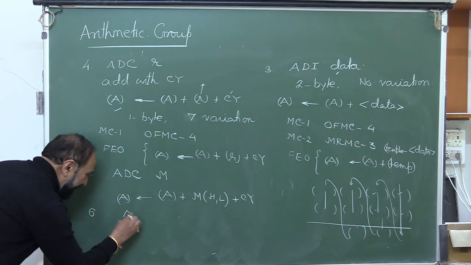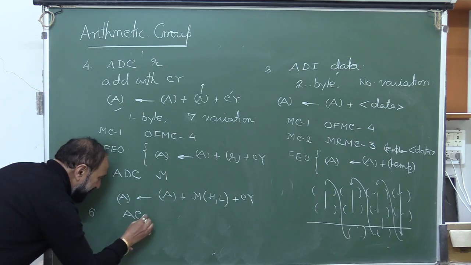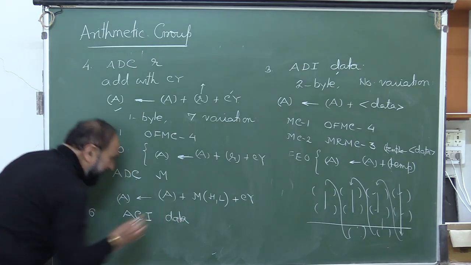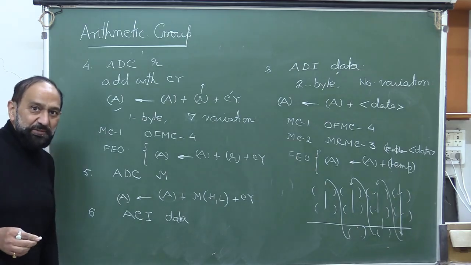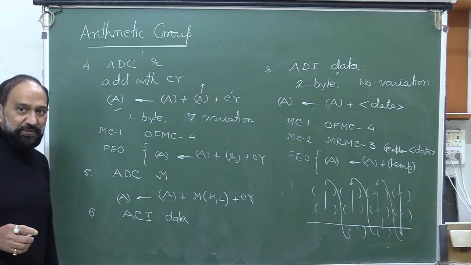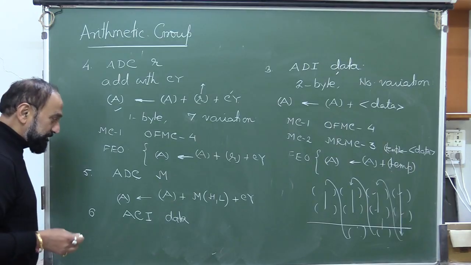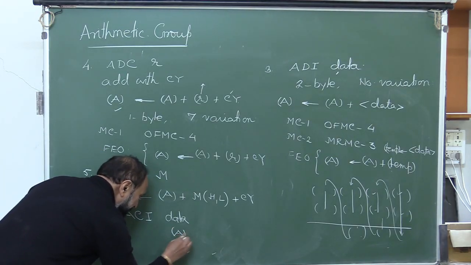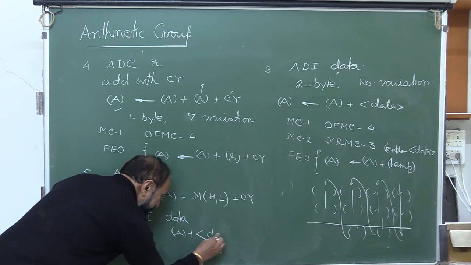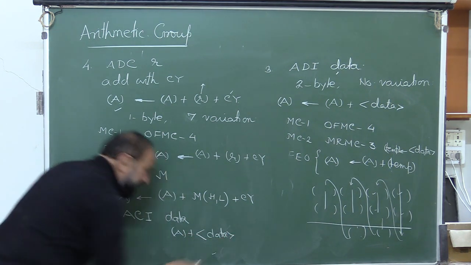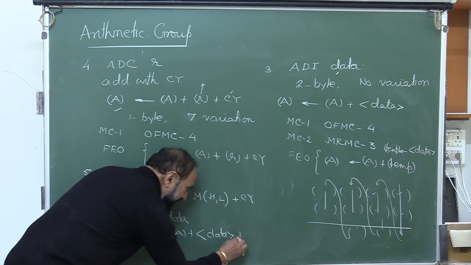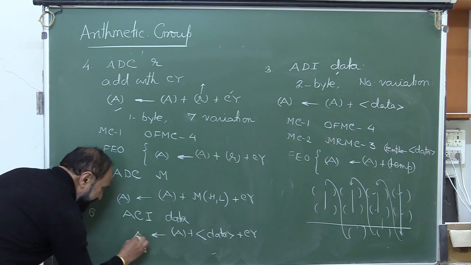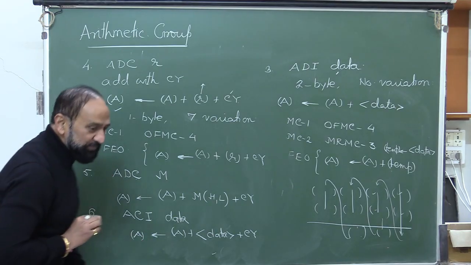And the second operand may be in the instruction itself: add with carry immediate data available in the instruction as the second byte. So accumulator is added with the data byte present in the instruction along with the carry and the result is stored back into accumulator.